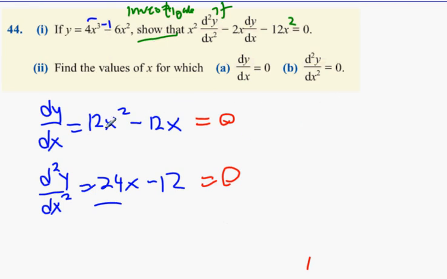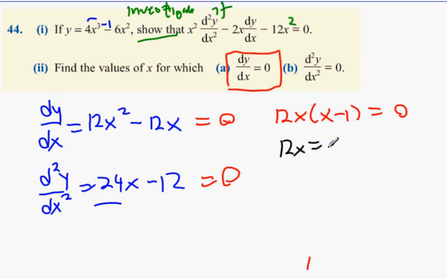What we need to do is factorize, okay? Take 12x out, put x minus 1 inside equals 0. Either the number outside equals 0, or the number inside equals 0. So x equals 1, or x equals 0.